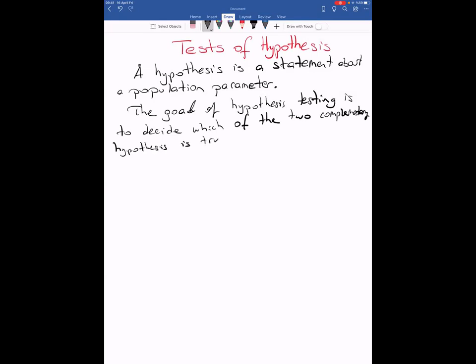But this should be based on the sample information, a sample from exactly this population. This is the key that we always use: based on the sample information.